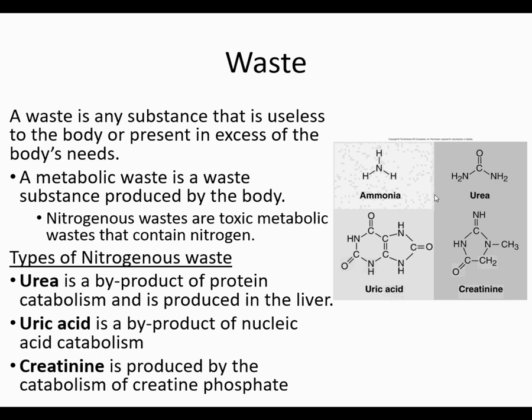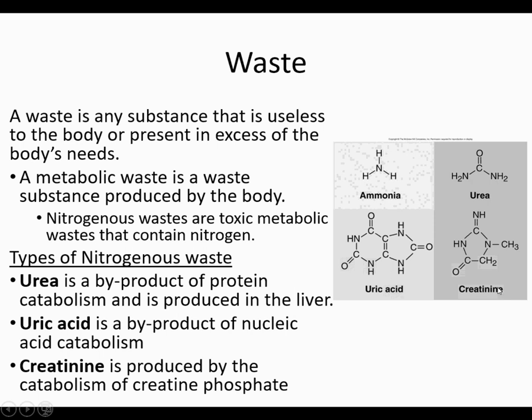We form ammonia as a result of that process, but our liver will convert that ammonia to urea. Ammonia is very toxic, urea is less toxic. But we still don't want urea in our blood, so our kidneys are going to filter it out and put it into our urine.